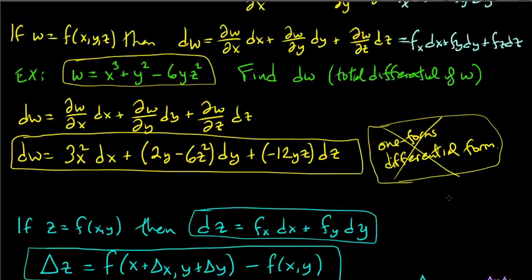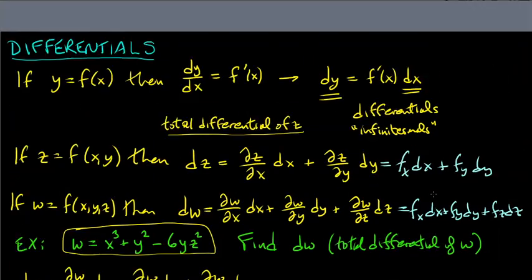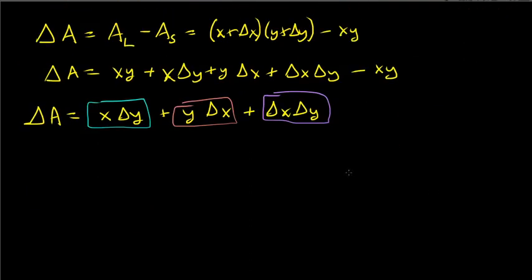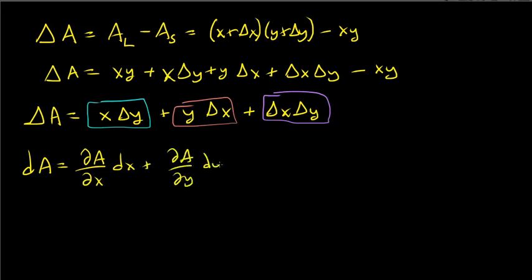So now what's dA? What's the differential of A? Let's calculate that. Just as a reminder, it's the partial of A with respect to x times dx plus the partial of A with respect to y times dy.